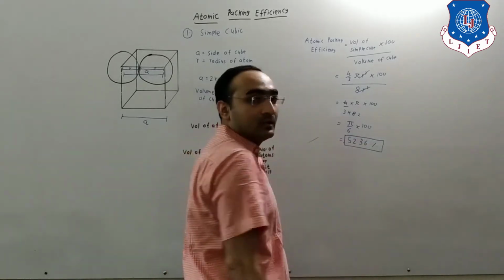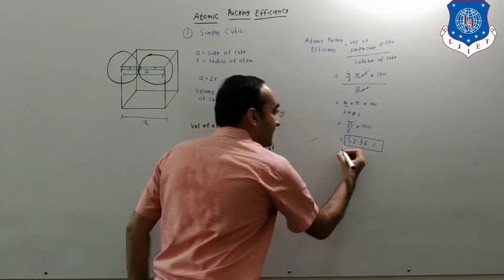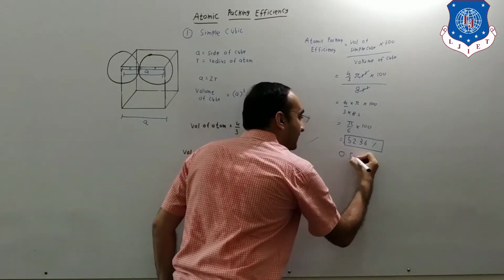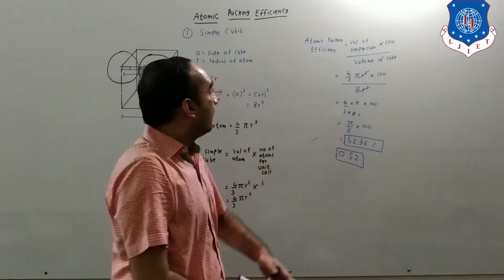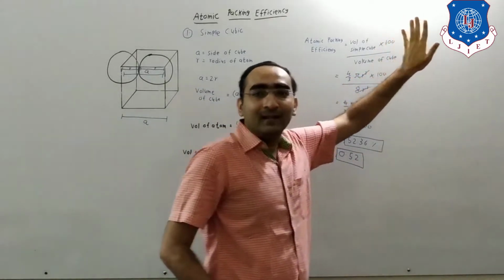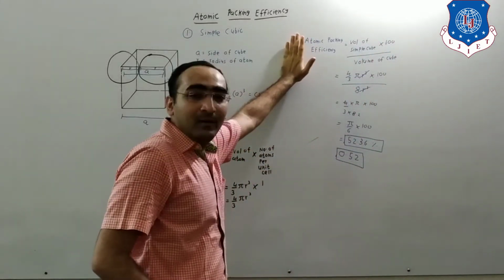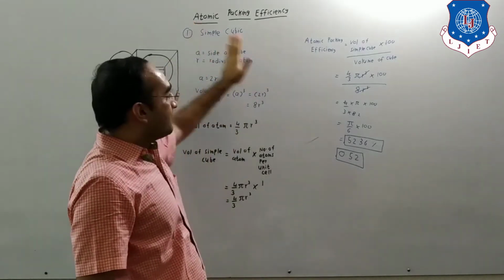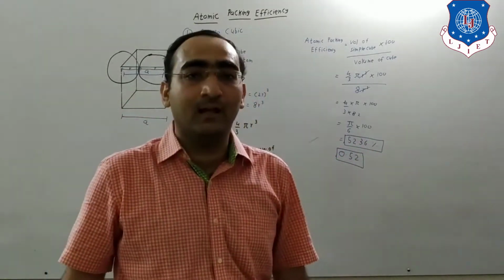If you are writing from the efficiency point of view, it is 52.36 percentage. If you are writing it as a factor, then it is equal to 0.52, because we will not be writing the 100 in the factor. So basically, your atomic packing efficiency of a simple cube will be 52.36 percentage.